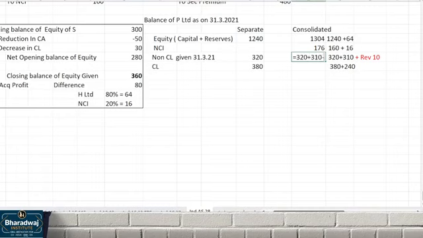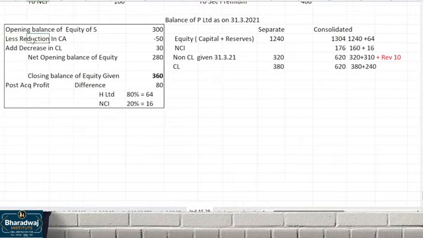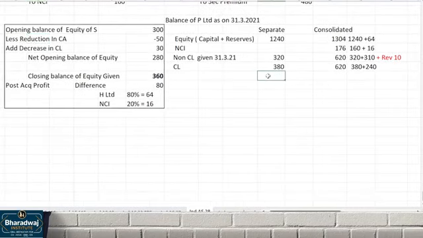Why are we not adjusting revaluation for current liability? Because it is already adjusted with reserves and surplus. Any other thing?